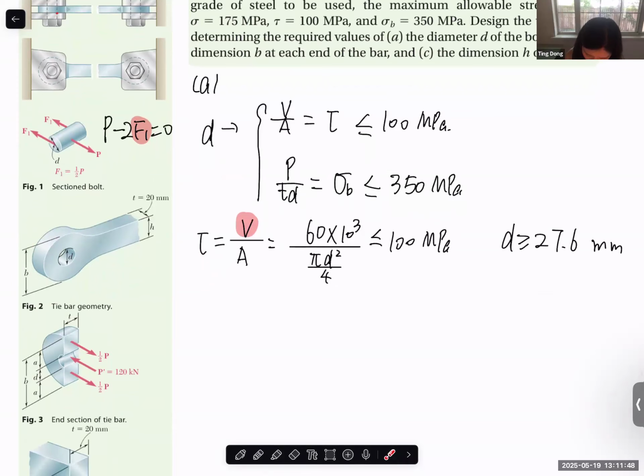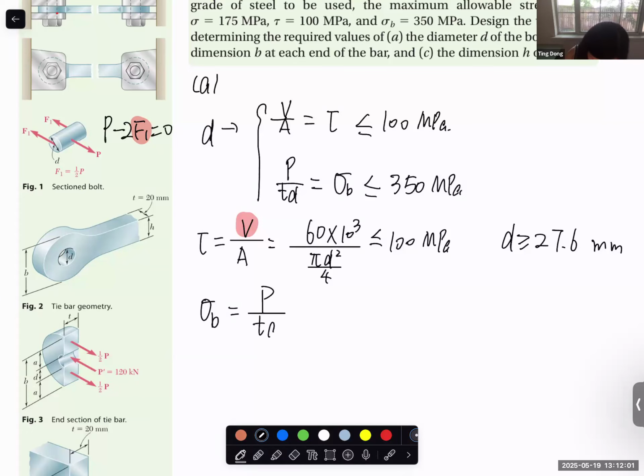So this is for shear stress calculation, and for the bearing stress, we have again P over T D. What value should we use for P? What value should we use for TD?